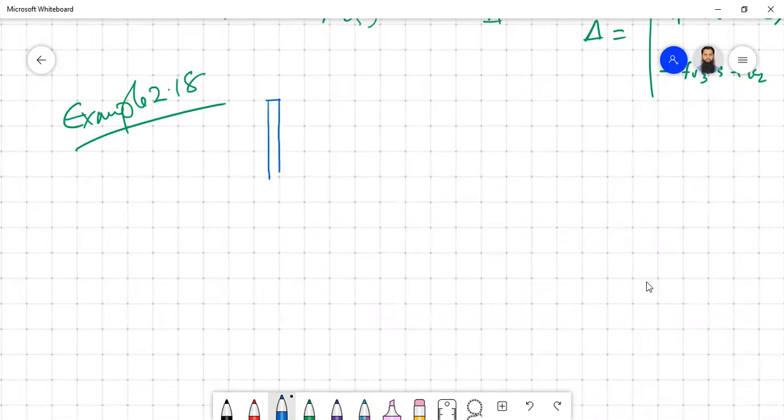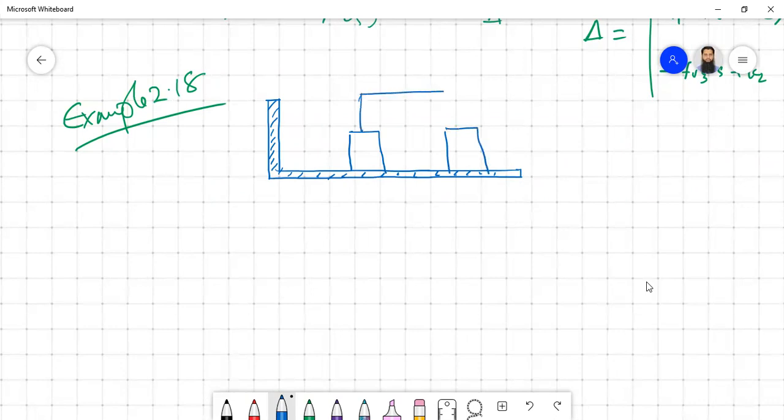So again, we have another mechanical system. In this mechanical system, we now have this kind of scenario. We have one mass here, another mass here, and another large mass here.